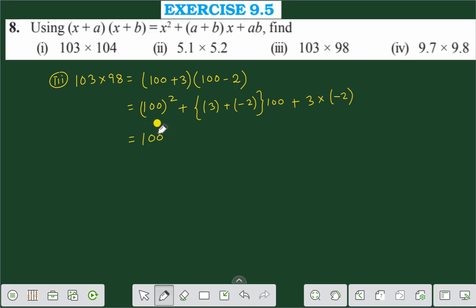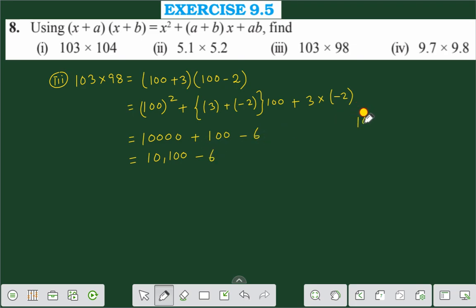And we are getting 10000 plus 3 minus 2 is 1. 1 into 100 is 100, plus into minus is minus, 3 twos are 6, right? If we add this, then we are getting 10,100 minus 6.